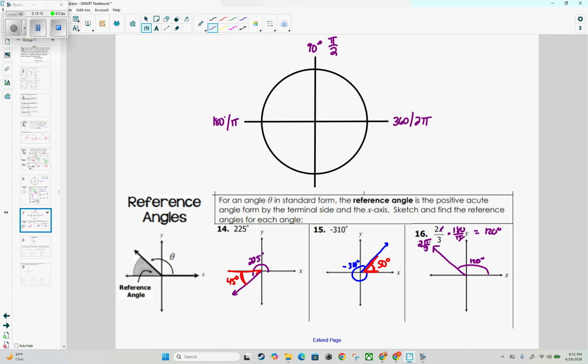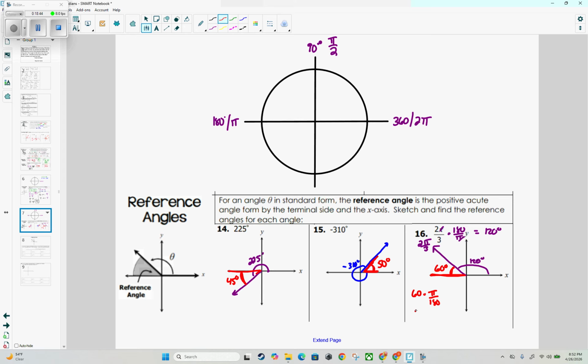And then his reference angle, again, I have to be connected to the x-axis, either the right-hand side or the left-hand side, and I want the smaller angle, this angle right here. So that's 180 degrees minus the 120, which gives 60 degrees. So his reference angle is 60 degrees. I'm going to convert that 60 into radians because I started with radians. So I'm going to go 60 times pi over 180.